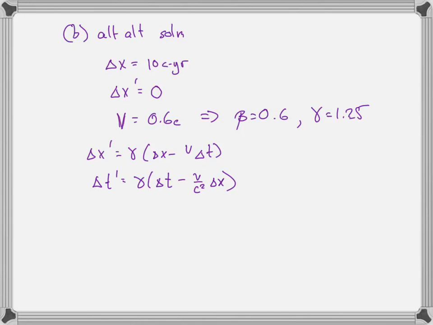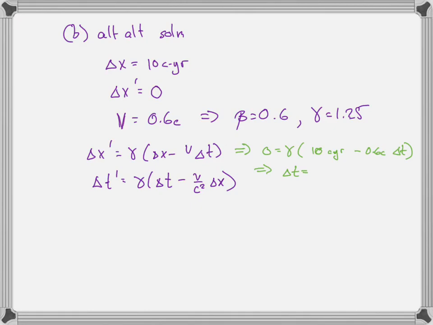And we can go ahead and plug in. We can do the first one and plug in: 0 equals gamma times 10 light years minus 0.6 c times delta t, which is the unknown, and we can solve for delta t.